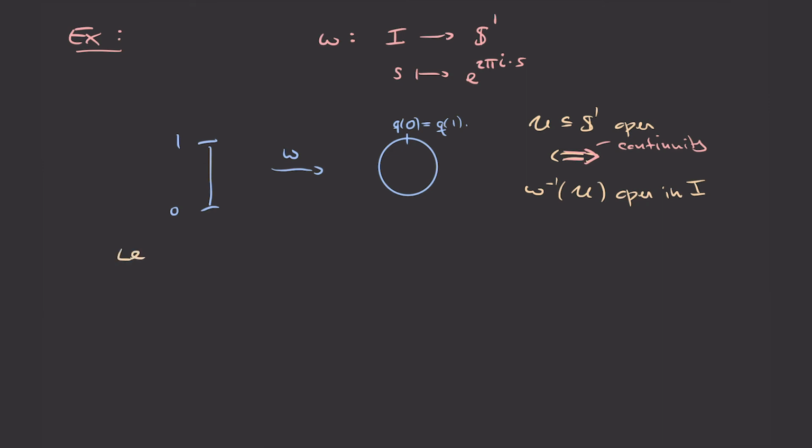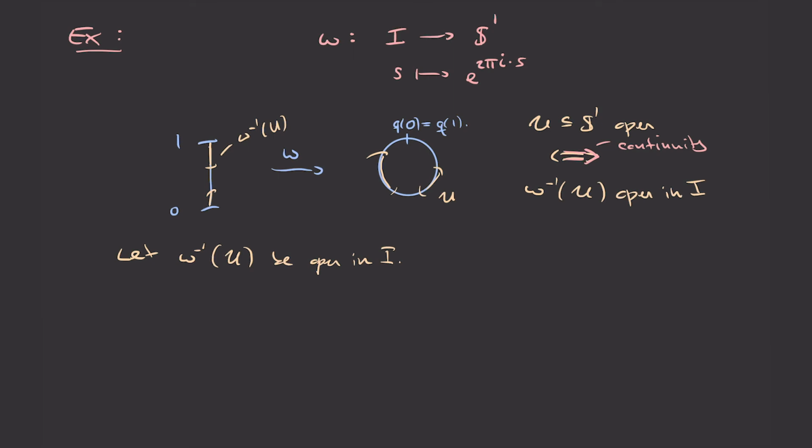That sounds a bit convoluted, so we let omega inverse of U be open in I, and we need to show that this means U was originally open in S1. Let's take some arbitrary subset U in S1 and consider its preimage in I, which we're assuming is an open set. So this is omega inverse of U.